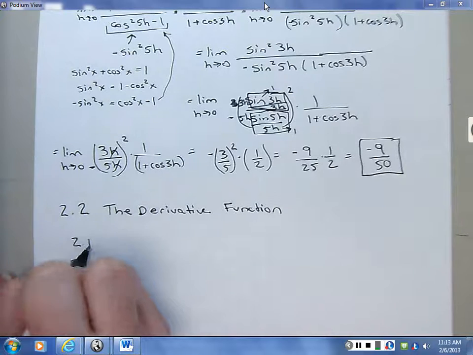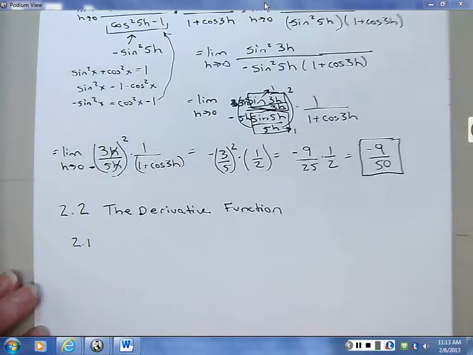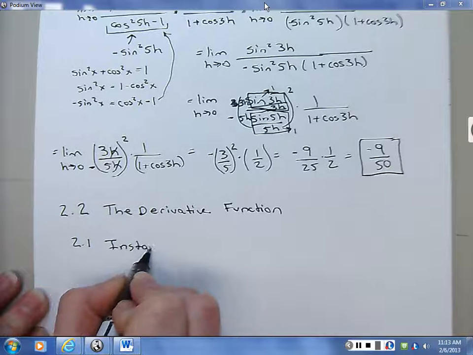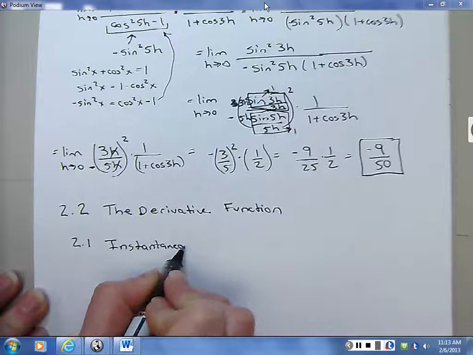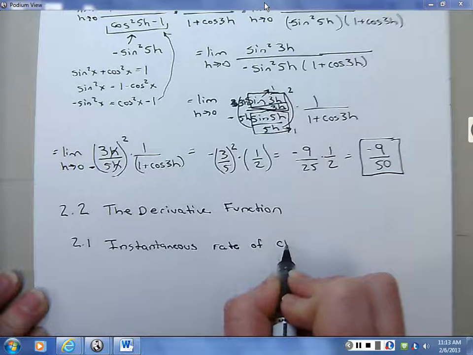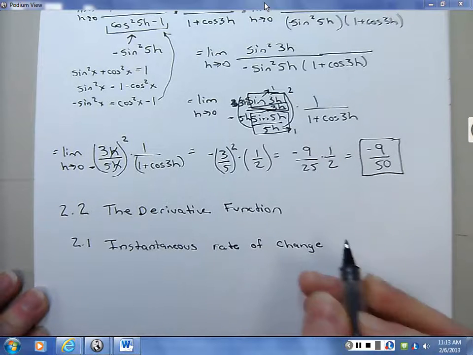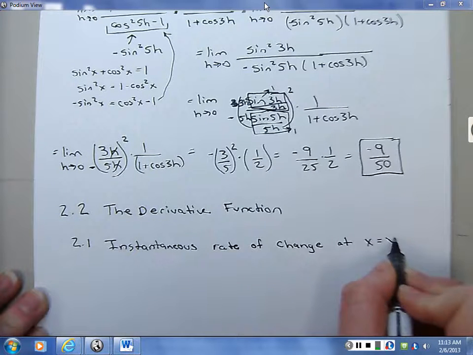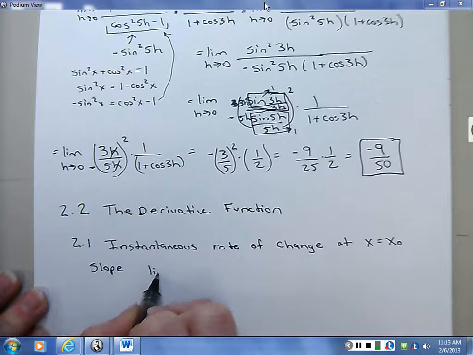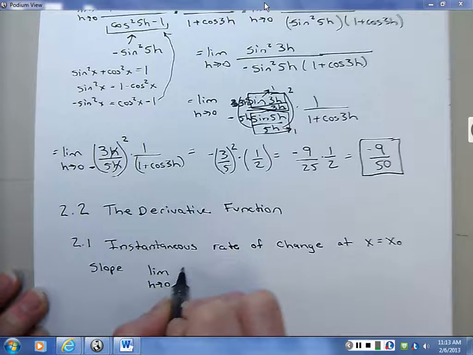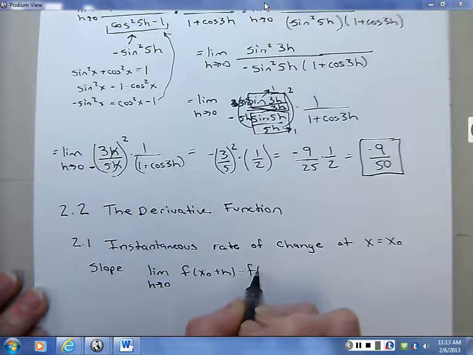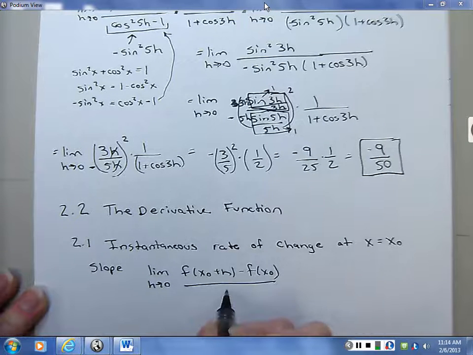From 2.1, we had the instantaneous rate of change at x equals x naught. So the slope of that was the limit as h goes to 0 of f of x naught plus h minus f of x naught over h. Right? You guys remember doing that?